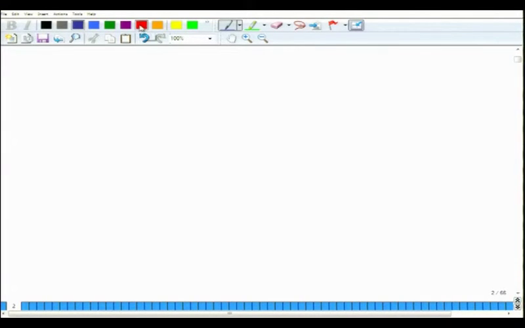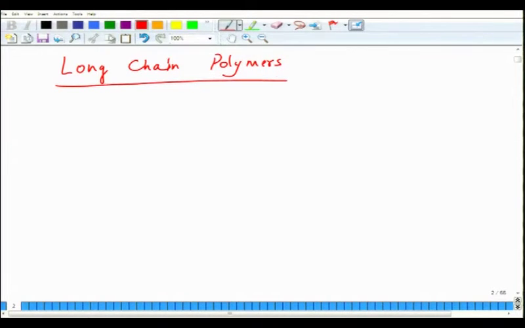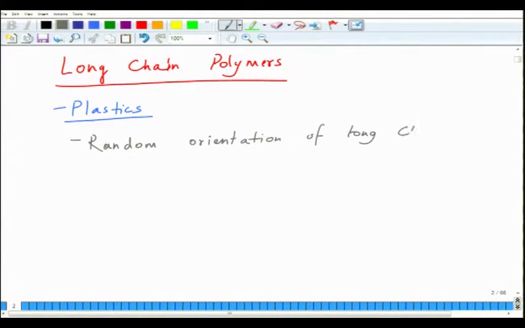So, if I now first start with long chain polymers, there are three categories of long chain polymers that we typically go ahead with. First is called plastics. Plastics typically have a random orientation of long chain molecules.